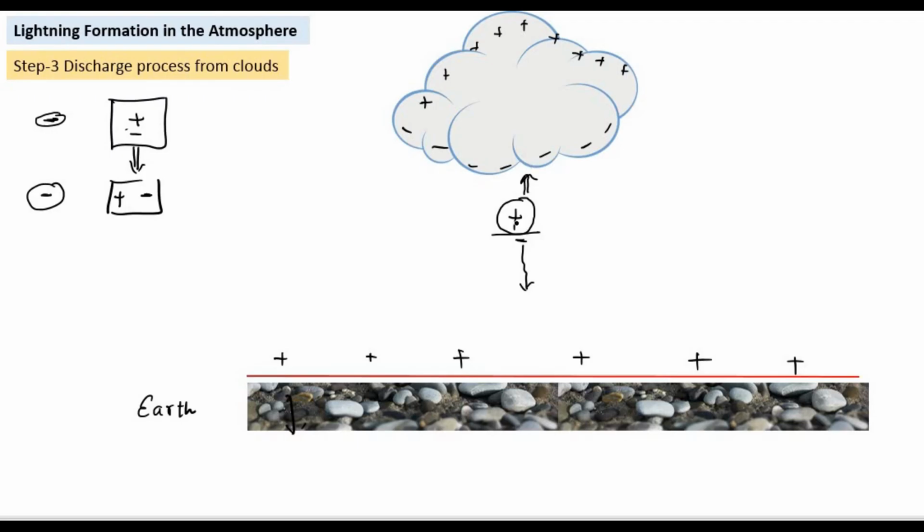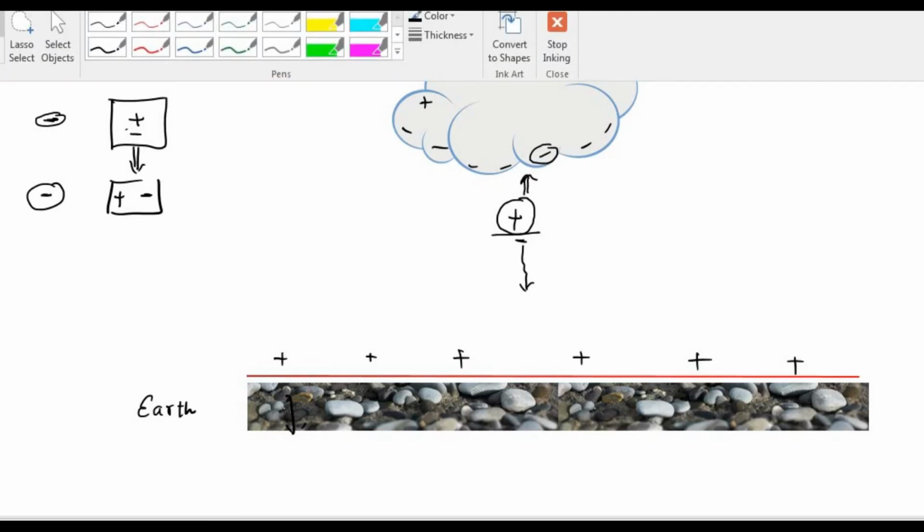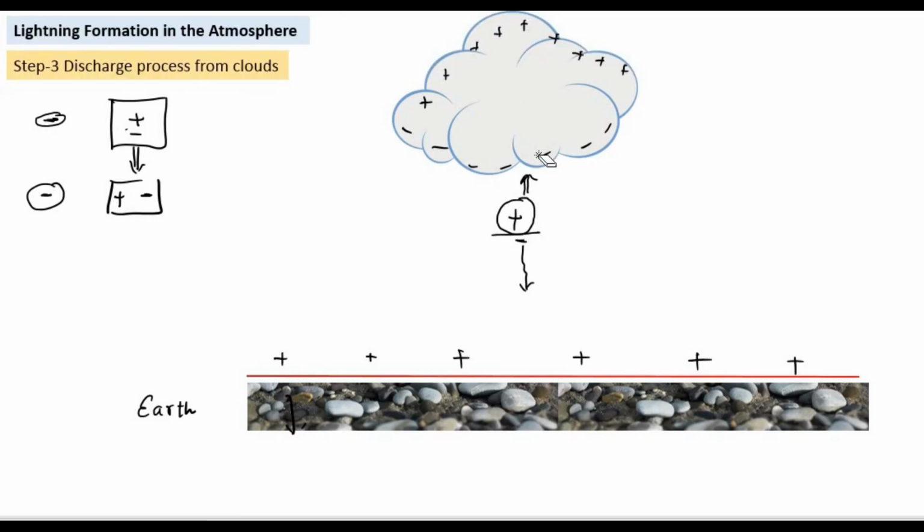In doing that, if this positive ion combines with one of the electrons of this cloud, then the bottom part of the cloud will become neutral. So as you can see, some part of the cloud is now discharged, because one atom of the air got split up and one positive ion went up, and now this positive ion has neutralized some of the sections of the cloud, and this electron has moved down.